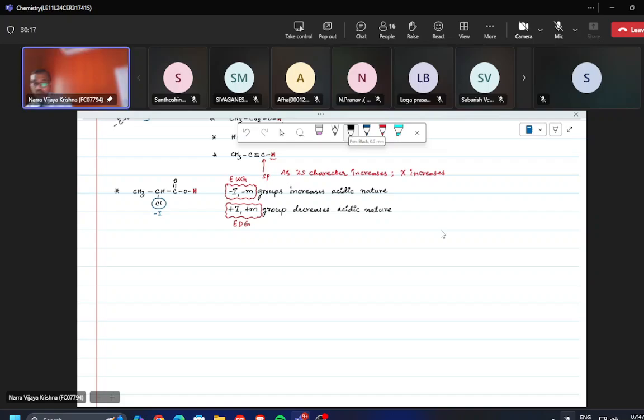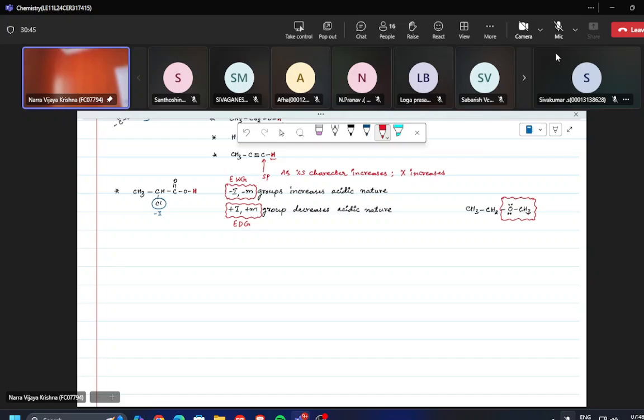Clear? Now, for example, CH3, CH2, OCH3. Does oxygen have a lone pair of electrons or not? Now tell me, what type of group is this OCH3? It can donate electrons because of the lone pair electrons present, right?